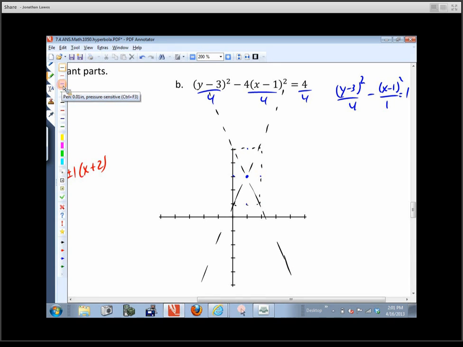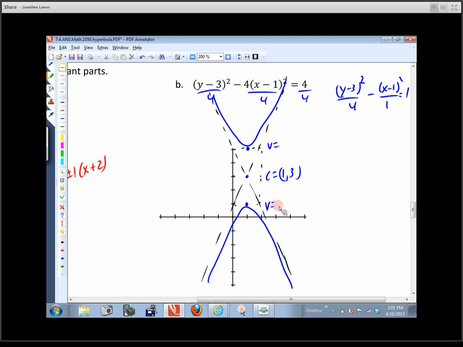Opens up and down. It's only the y coordinate that changes.